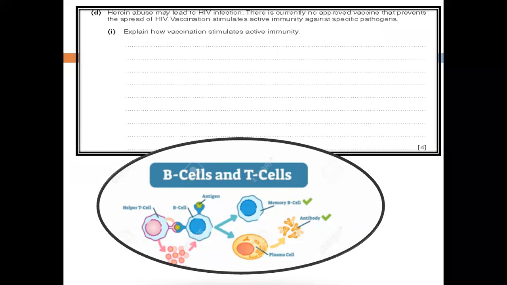Second, a vaccine may be heat killed or it may be an antigenic part of a pathogen extracted by scientists. This part has the ability to stimulate our immune system, meaning our immune system has the ability to recognize it.